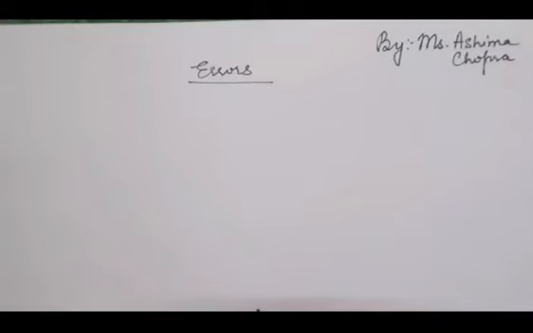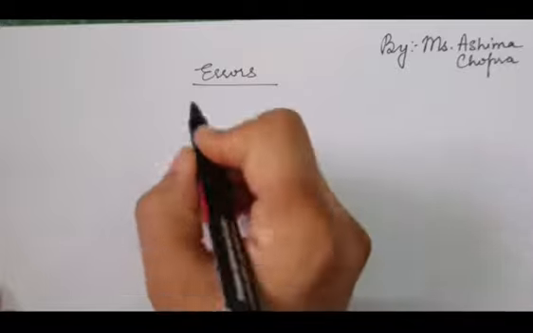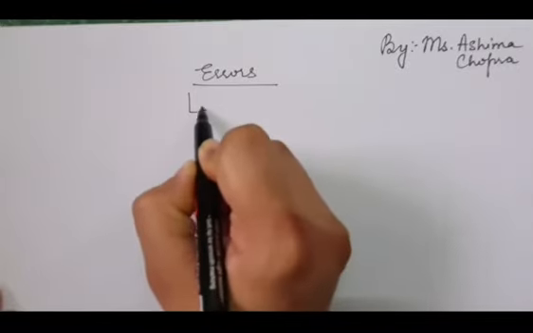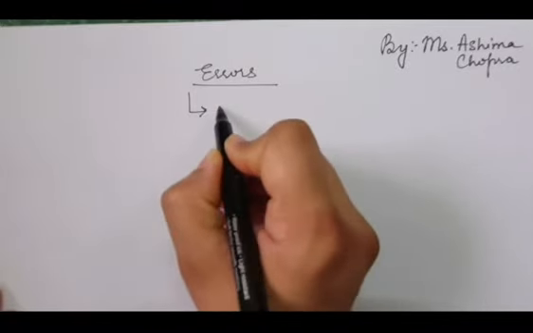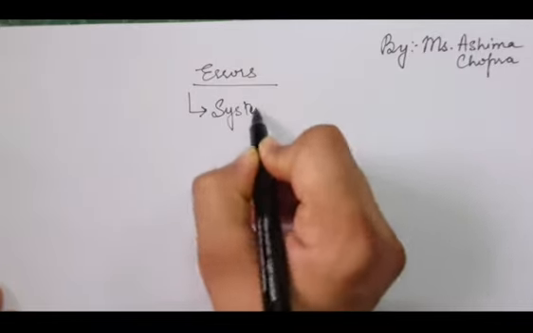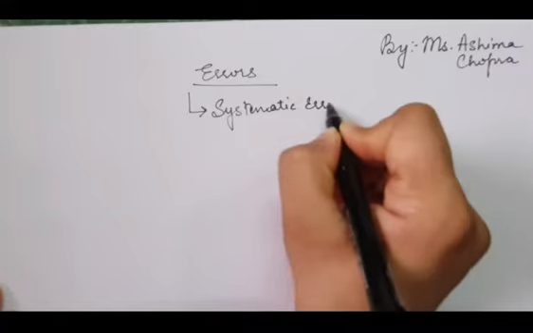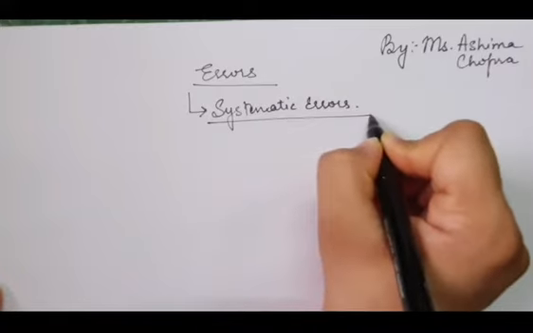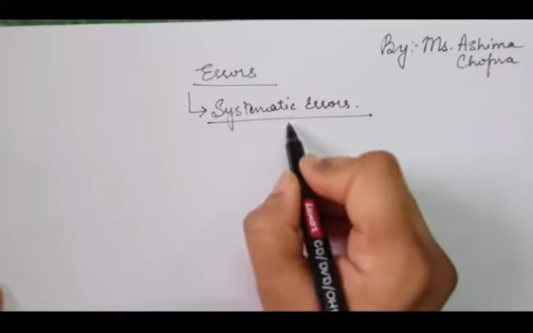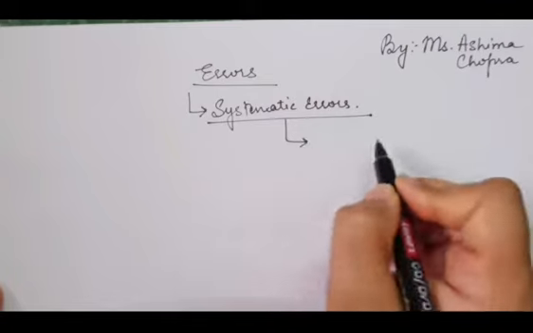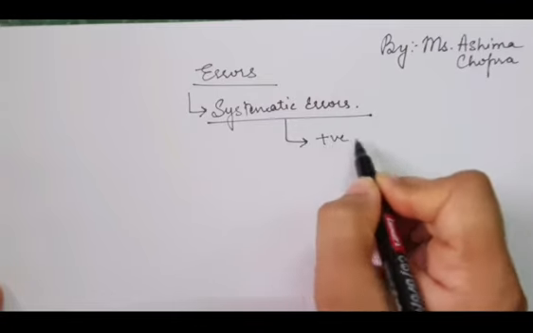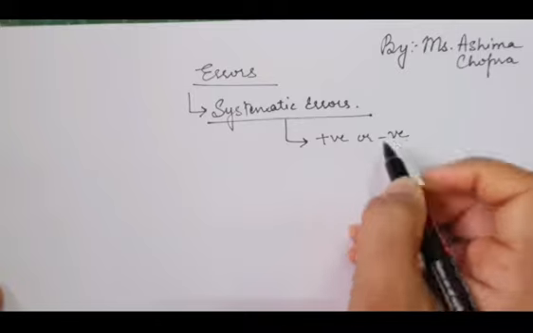Hello dear students. In the last video, we covered that errors are basically of three types. Number one are the systematic errors. Systematic errors are those which tend to move in one direction, either positive or negative.